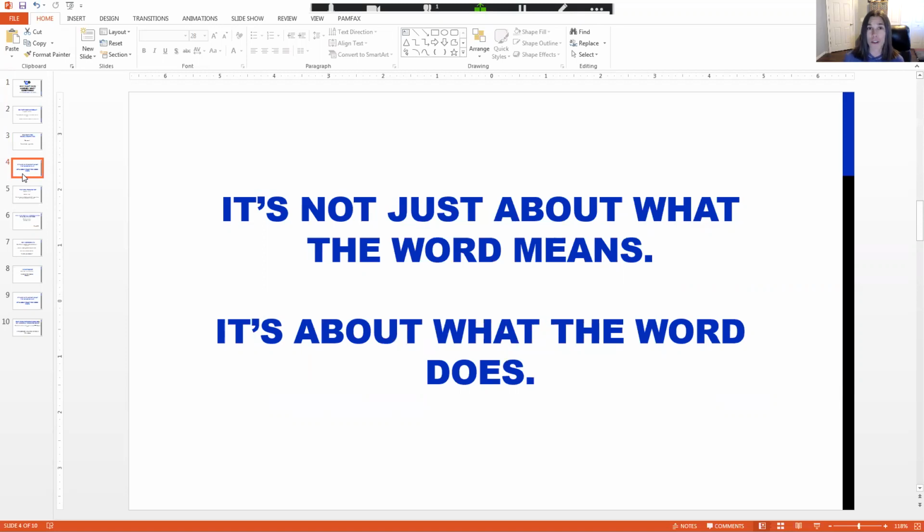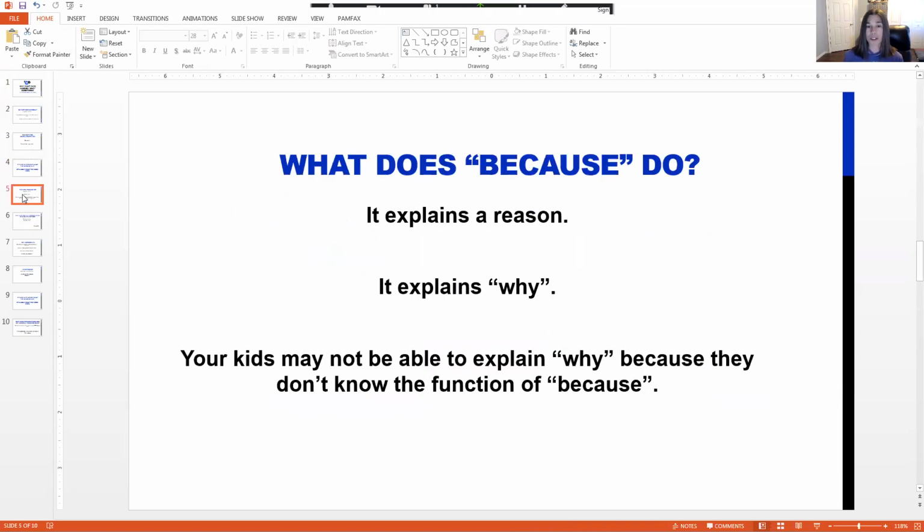Our students have to understand those functions in order to know how to use them. With the word because, if we think about what it actually does, number one, it explains a reason, and number two, it explains why. So your students have to understand the purpose for this word and how they're supposed to use it. If they can't understand that, they may not be able to explain why because they don't know what this word does.